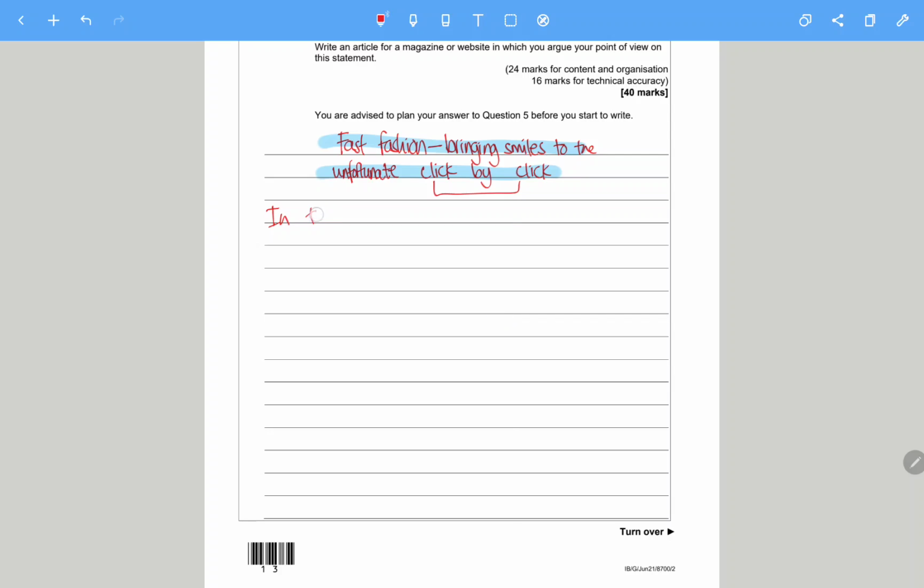So in the last decade, fast fashion has taken over the world by storm. Full stop. It has provided opportunities at a fast pace.